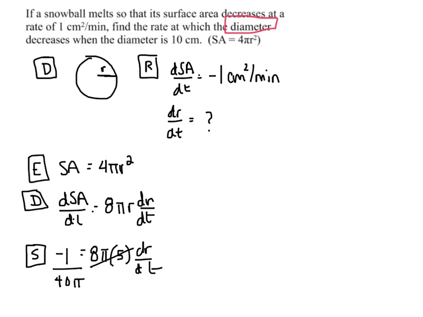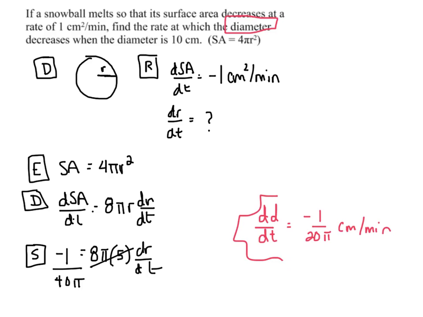Now, knowing the rate that the radius is changing at, all I would need to do to get the rate at which the diameter is changing is double it. Okay, so dD dt, if you want to think about diameter, doubling the -1/40th would give me -1 over 20 pi. The units, well, it's a length now, so it'd be centimeters per minute.